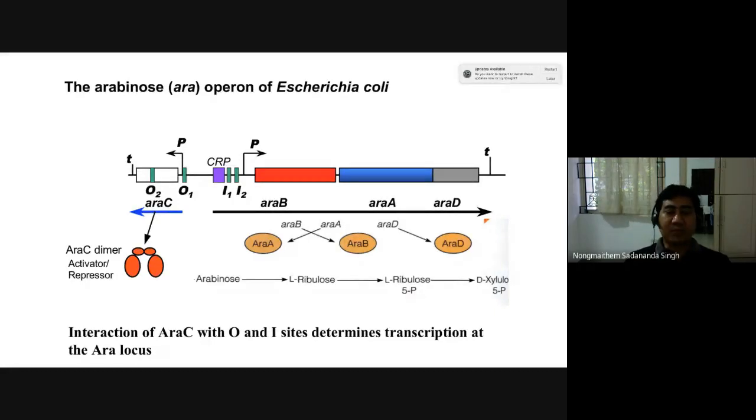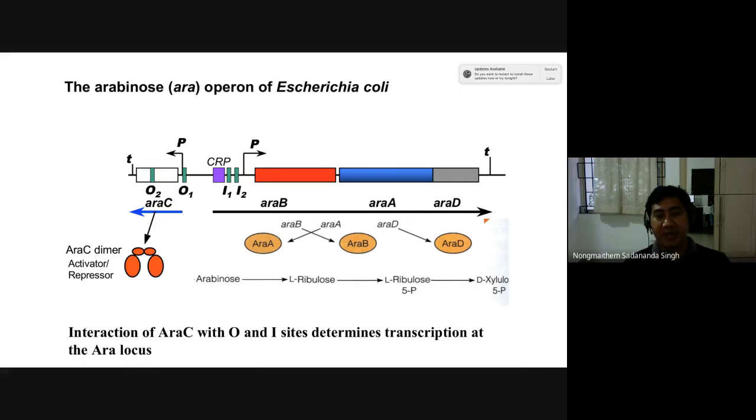So this is kind of like lactose. Arabinose is again a carbohydrate moiety, so just like the lactose operon, it can be utilized by the cell instead of glucose.